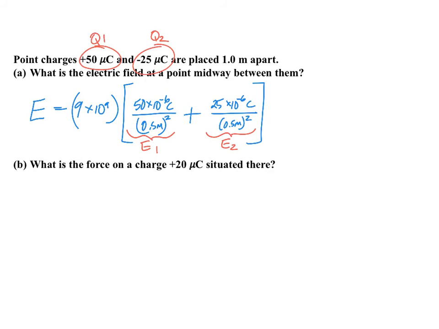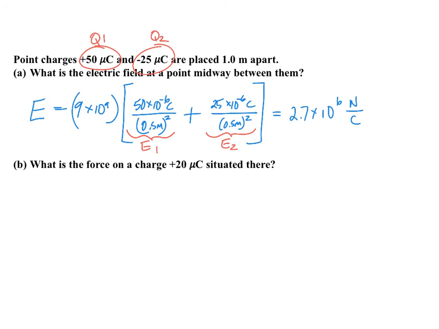So what's the electric field at the point in between them? Well, that just accounted for the two distances squared, the point in between. And this crunches all out to 2.7 times 10 to the 6 newtons per coulomb.